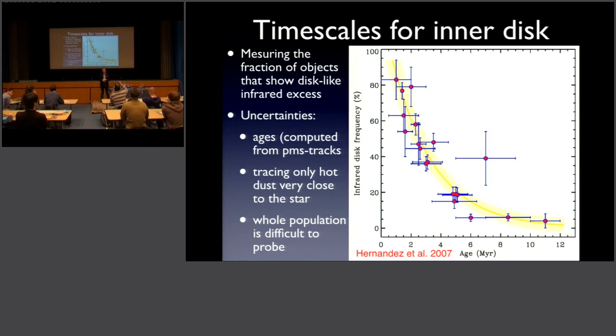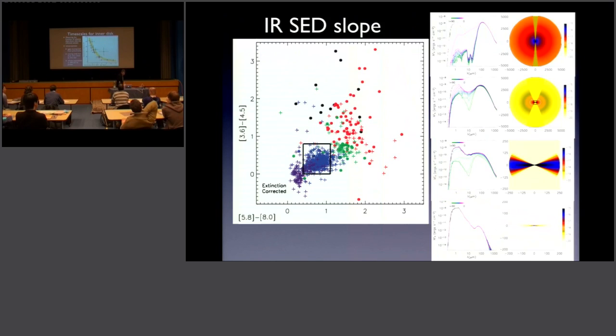In the color-color diagram, when you're separating the classes, we saw in the previous plots that the inclination angle or the scattering can also determine the slope. So how much contamination can these classifications typically have? Okay, so the question is how much the classification depends on the inclination angle, and it does a little bit, and you see it here because what is coded here in color are the different inclinations.